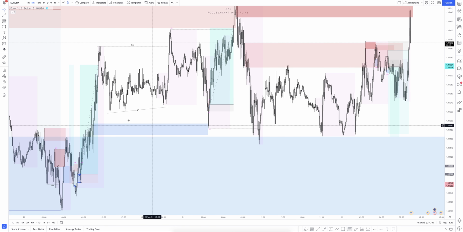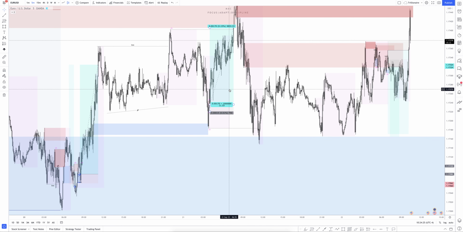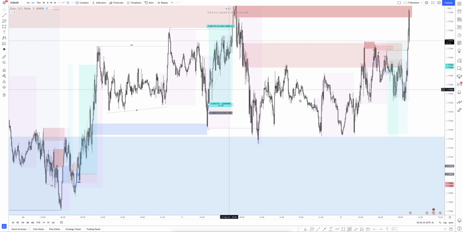week so far. Even though we've only won 2 trades, with these 2 trades combined, that's still a total of 22.43% in a week, guys.